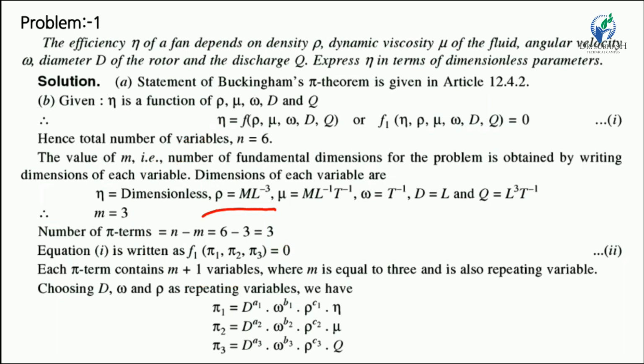Now we find the MLT of all variables. Density we know is ML minus 3. Dynamic viscosity is ML minus 1 T minus 1. The unit is Newton second per meter square. Angular velocity is radian per second.